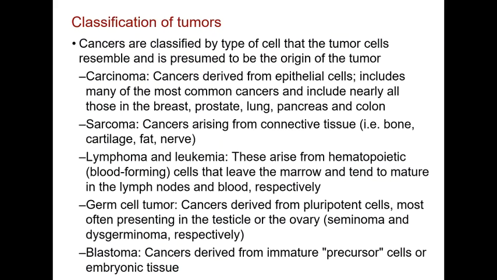Classification of tumors is done based on the type that the tumor cells resemble and is presumed to be the origin of the tumor. When we look at the tumor cells under a microscope, we see certain features, and based on those features, we say that this particular cell resembles a neuron or nerve cell, this tumor cell resembles a muscle cell, this one resembles an epithelial cell.